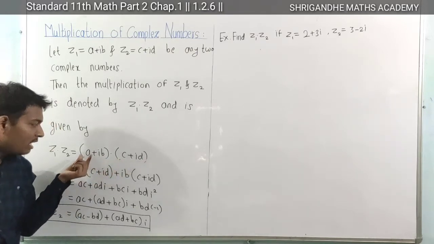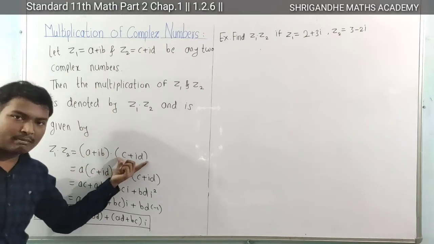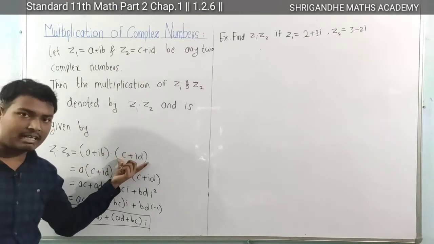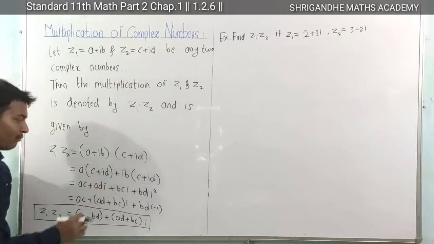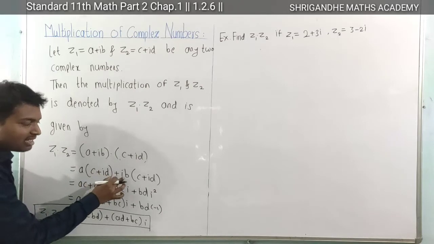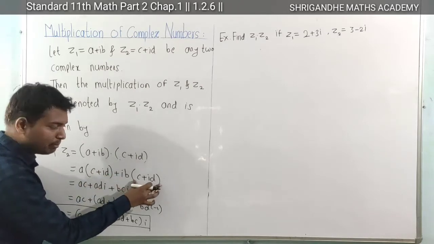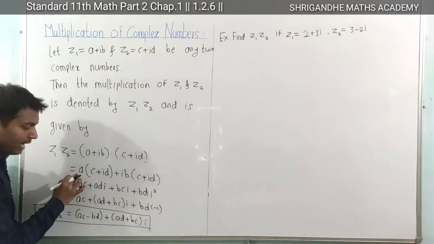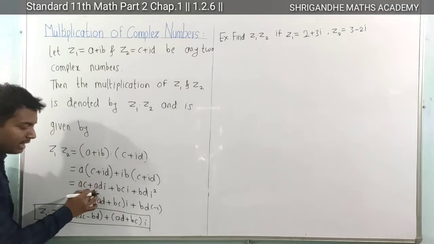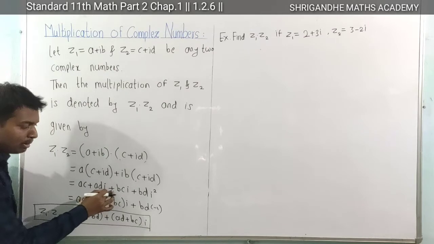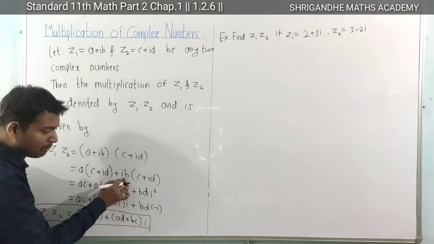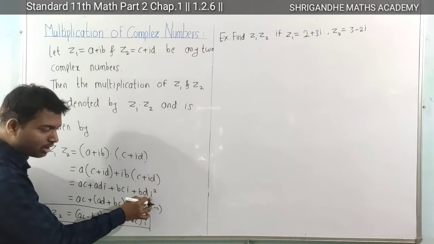Therefore, we multiply the real part of Z1 into the second bracket, plus the imaginary part of Z1 into the second bracket, that is Z2. Therefore, A into C is AC, A into ID is ADI, IB into C is BCI, and IB into ID is BDI square.